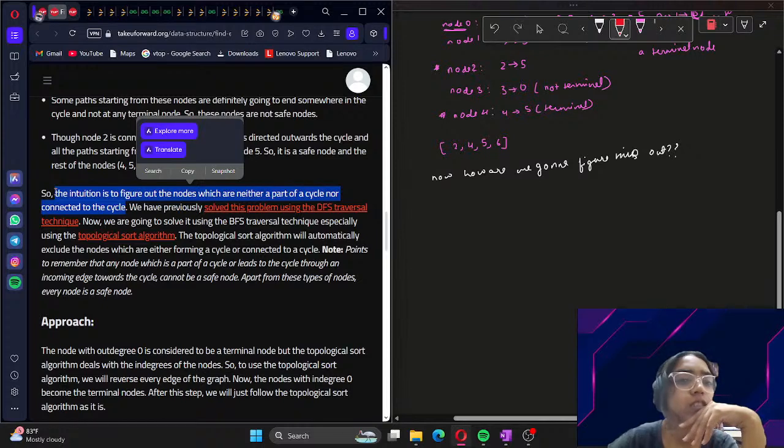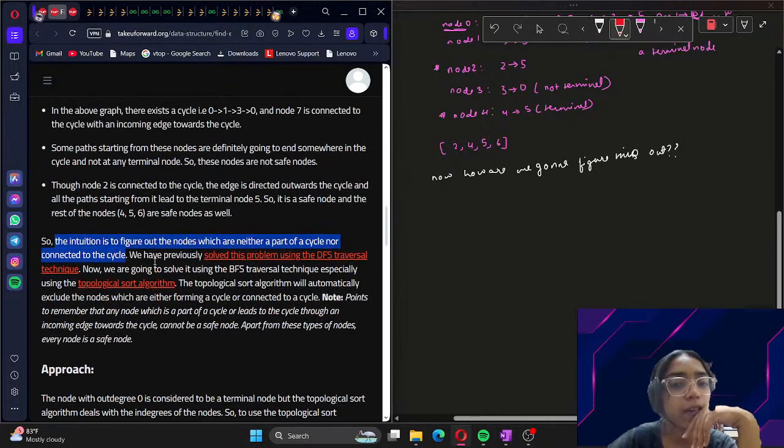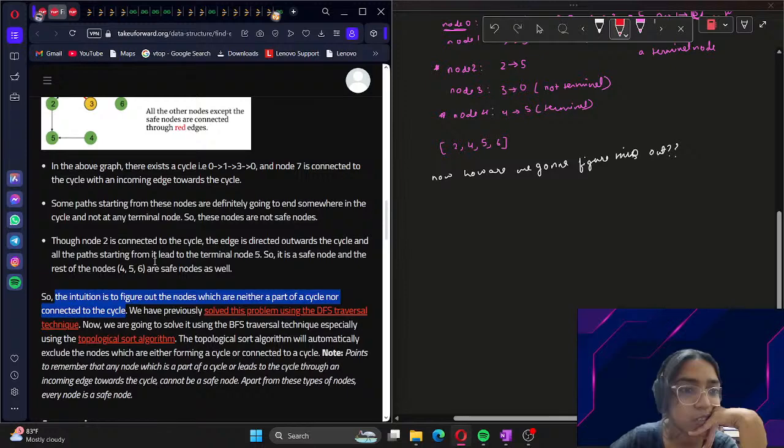Okay, the intuition is to figure out the nodes which are neither part of a cycle nor connected to a cycle.